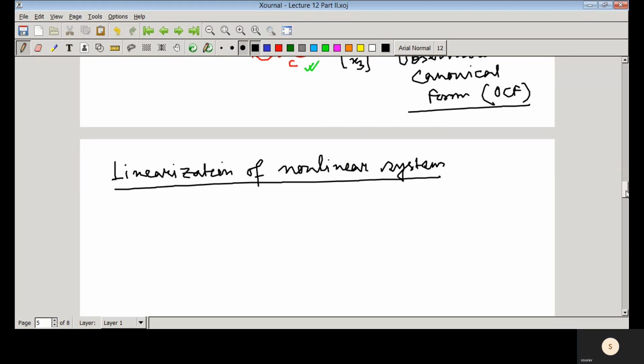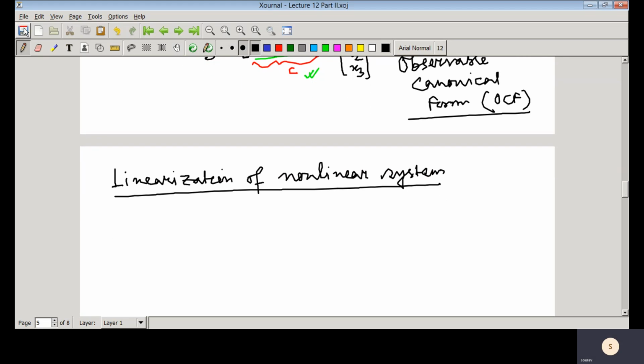Now I'll give you some idea of how to linearize a nonlinear time invariant system when it is described by a state space equation. So let x dot t equal to f of t, x t, where x t0 equal to x0.